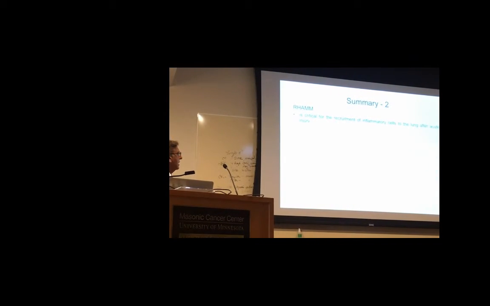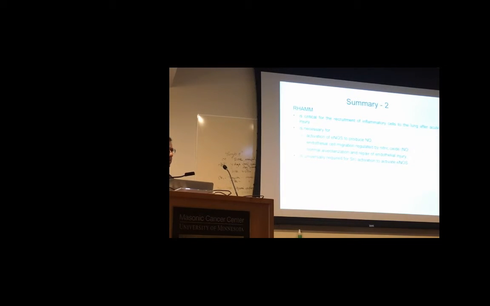So in summary and conclusion, RHAMM is critical to the inflammatory cell recruitment. It's necessary for eNOS activity to produce NO, endothelial cell migration regulated by NO, normal alveolarization and repair of endothelial cell injury. It is universally required for Src activation to activate eNOS.